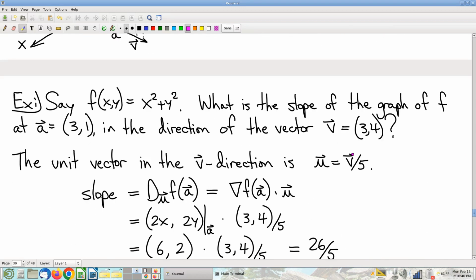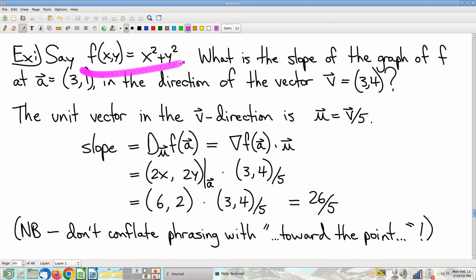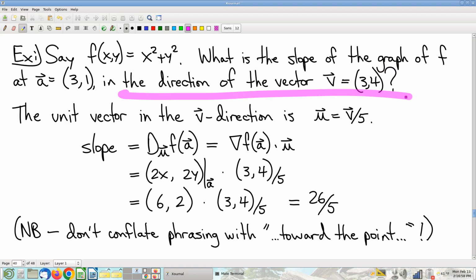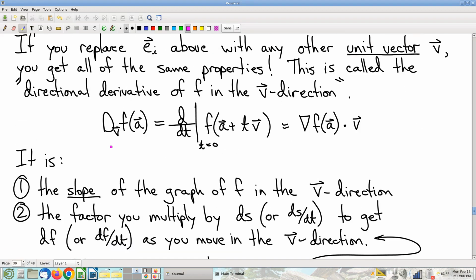Let's see an example. We've got a function here, and I can ask what's the slope of the graph of that function as I look in a certain direction. And after all, slope of the graph is the directional derivative. I know that from the previous page. This is one of our first interpretations.